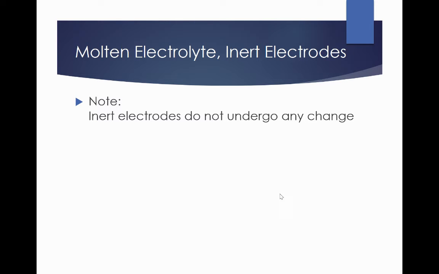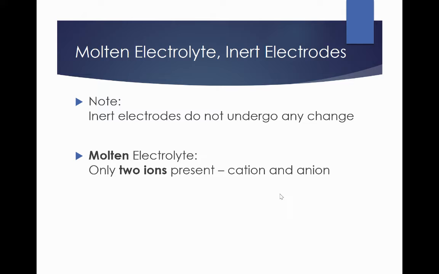Now, in all of these scenarios, the setup will be the same. And do note that inert electrodes will not undergo any change at all, unlike your reactive electrodes. And for molten electrolyte, there are only two ions present. One is the cation, the other one is the anion.